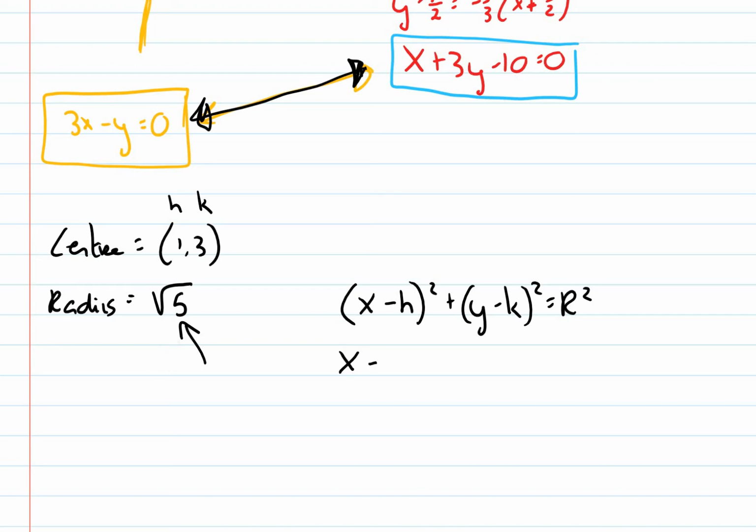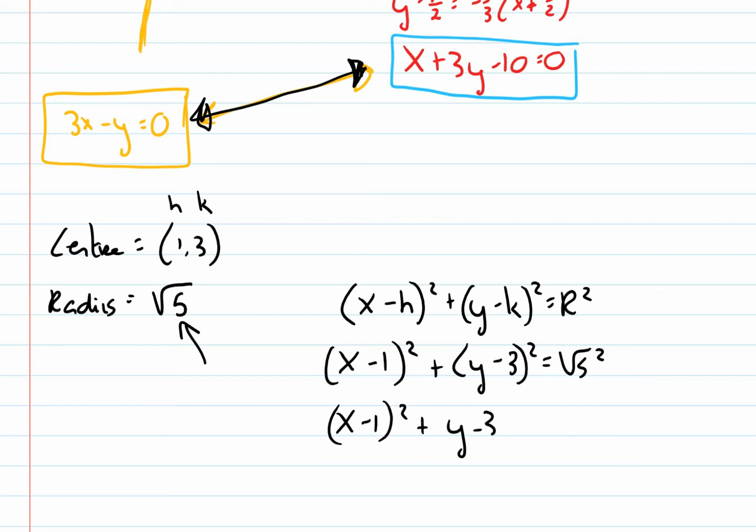So it'll be (x minus 1) squared plus (y minus 3) squared equals the square root of 5 squared, which gives (x minus 1) squared plus (y minus 3) squared equals 5. There is the equation of that circle, and if we wanted it in general form, I would just square out the brackets. Okay.